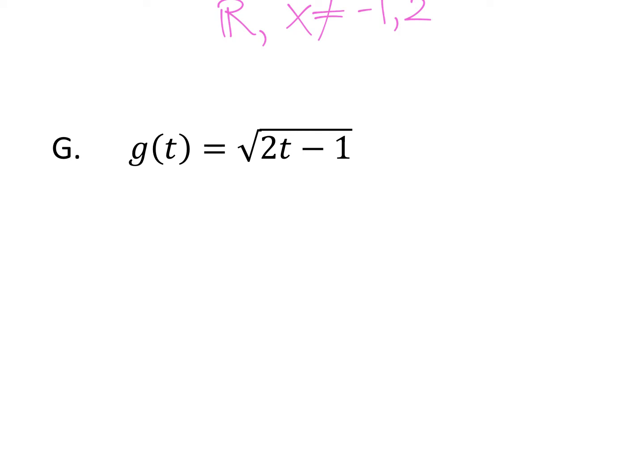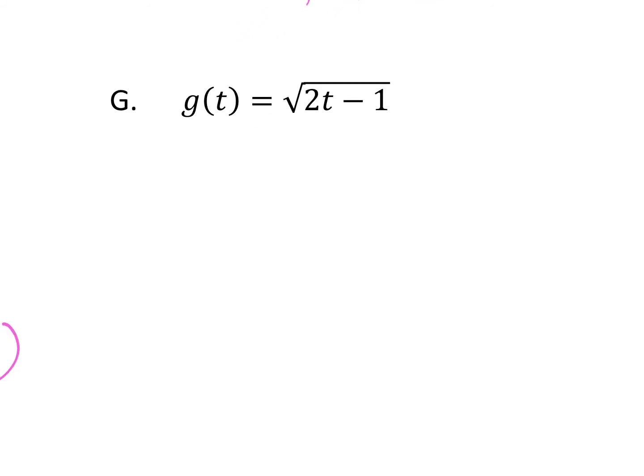Last one on this page, and then we have a few things on the next, and we're done. On this one, square roots. What does the square root one look like? It starts and goes to the right. So what we need to know is where it starts, right? To tell where a square root function starts, you set the inside equal to 0.